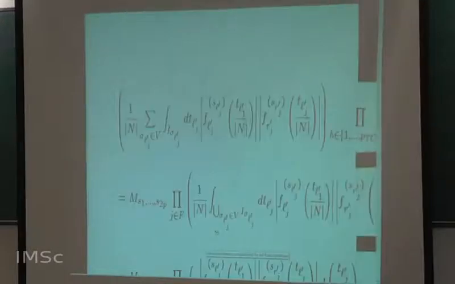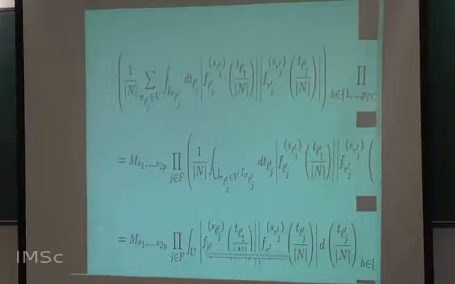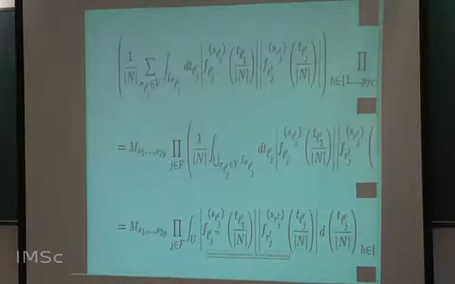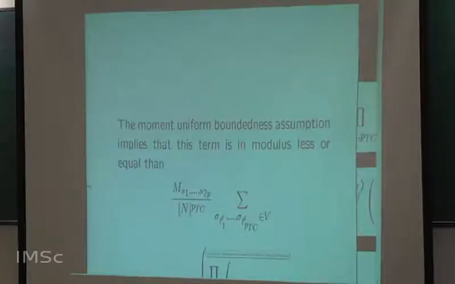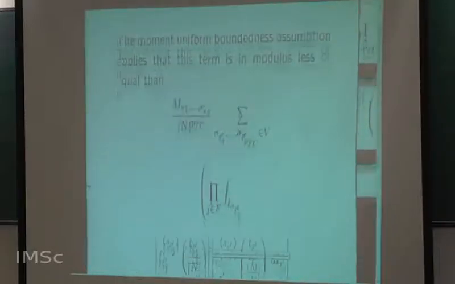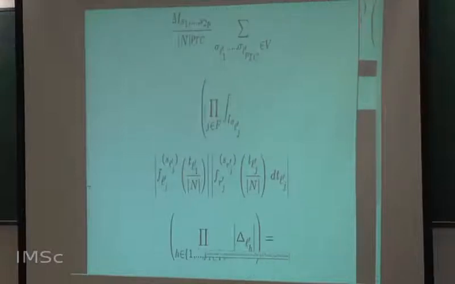So we have the product of integrals and the corresponding sigma. Now, what do we do? We have here the normalization factor, which is the power of all totally crossing pairs.